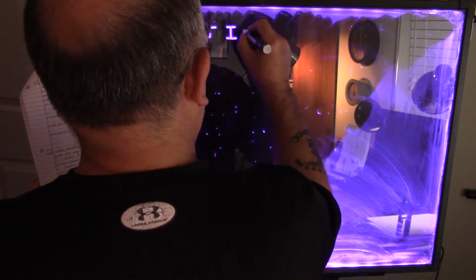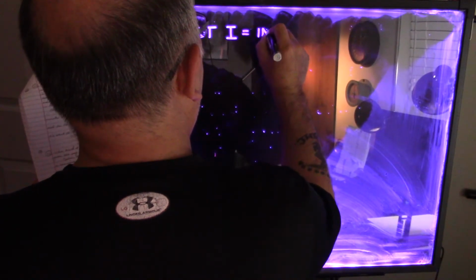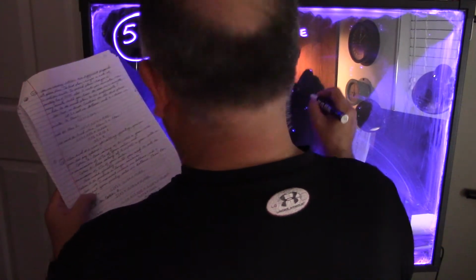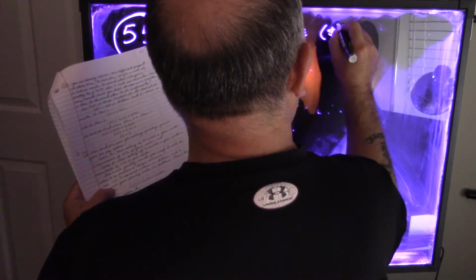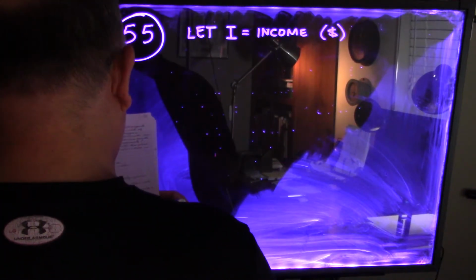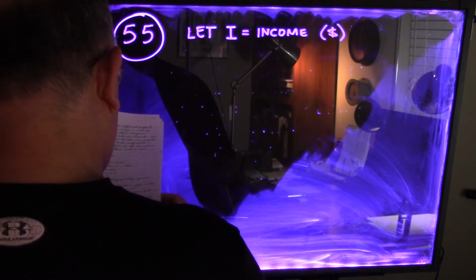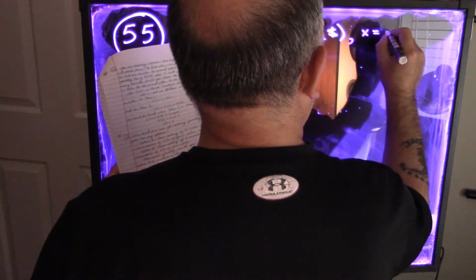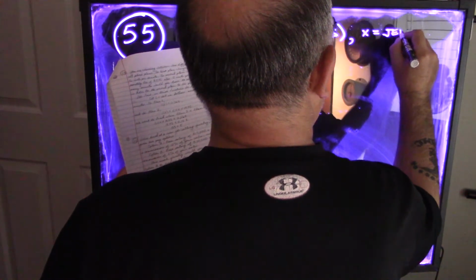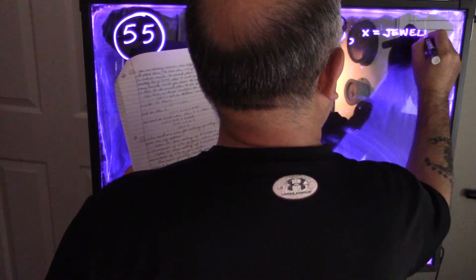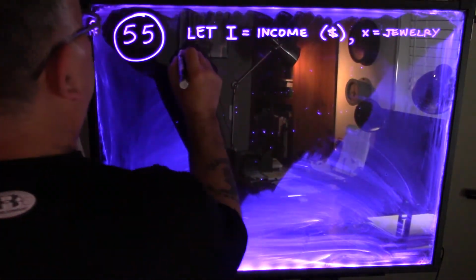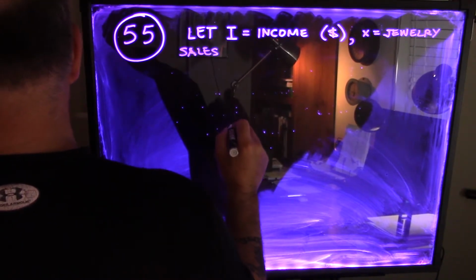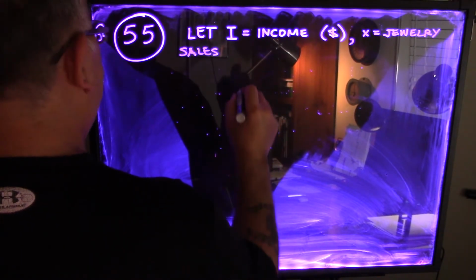Let I equal income in dollars, and x equal jewelry sales, in dollars as well.